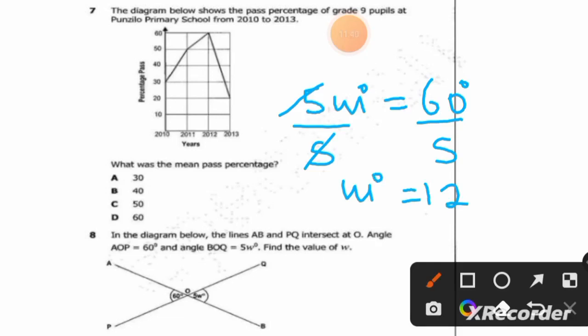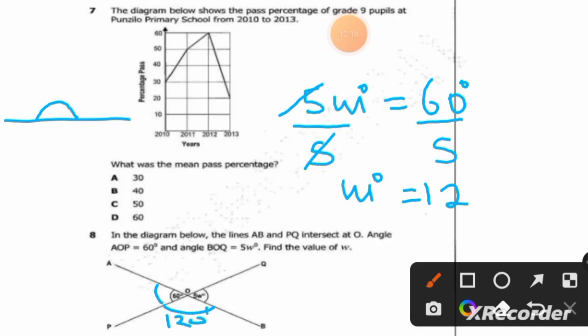We are also going to use this property here. We are also going to say angles in a straight line add up to 180. So as we can see here we are having 60, which means here we are having 120 degrees.